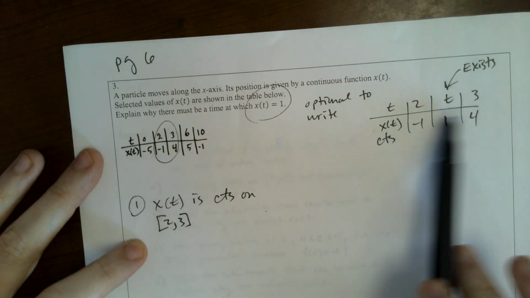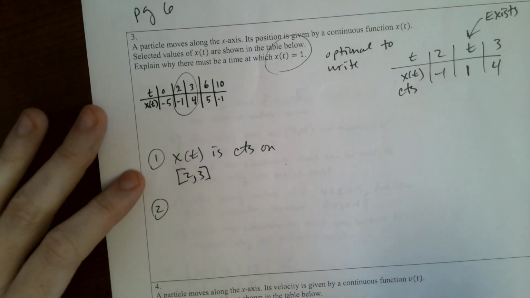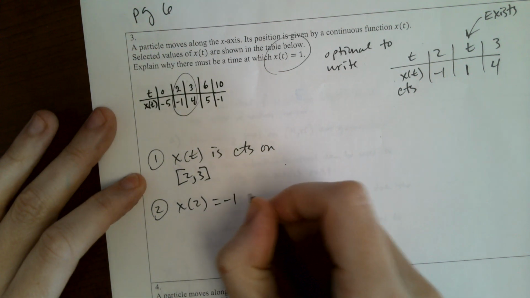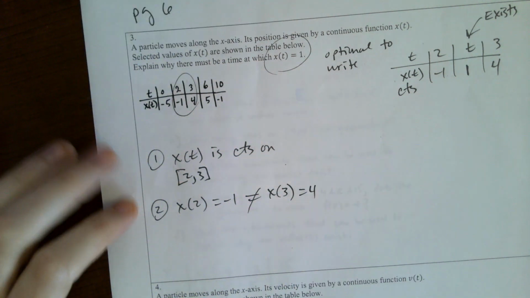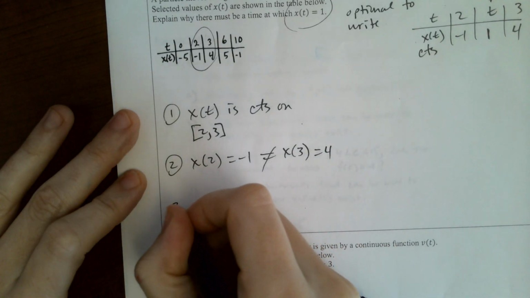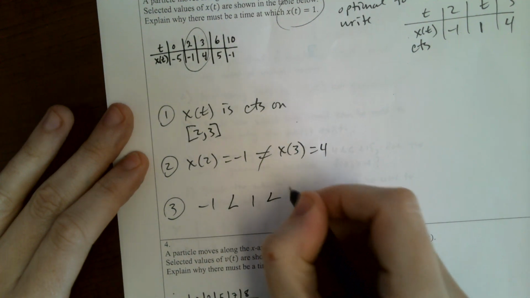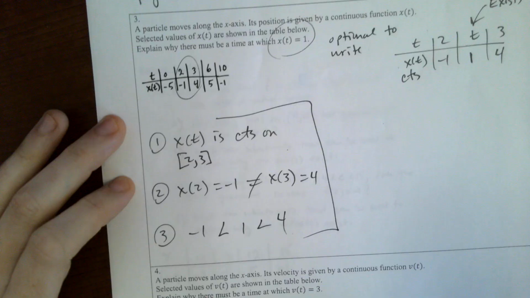Okay, so I'm going to state the subinterval that I'm using, on 2 to 3. And then the second step, x of 2, which is -1, is not equal to x of 3, which is 4. And then the third step, -1 is less than 1 is less than 4. Okay, now let me put a little box around those.